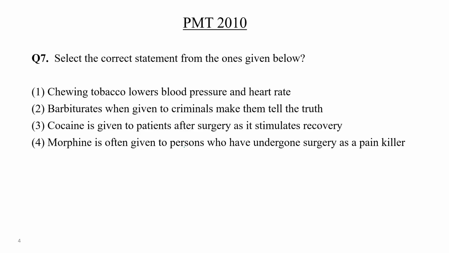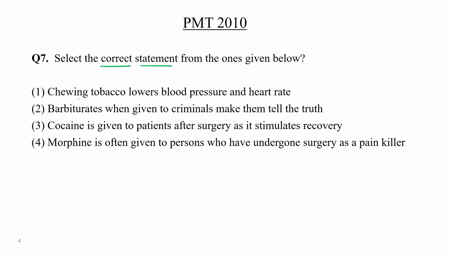Morphine is often given to a person who has undergone surgery as a painkiller. We have to choose the correct statement out of these four. Just take 5 to 10 seconds and quickly we will discuss the correct answer.